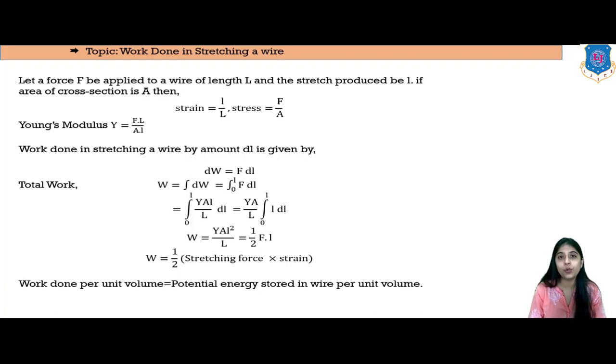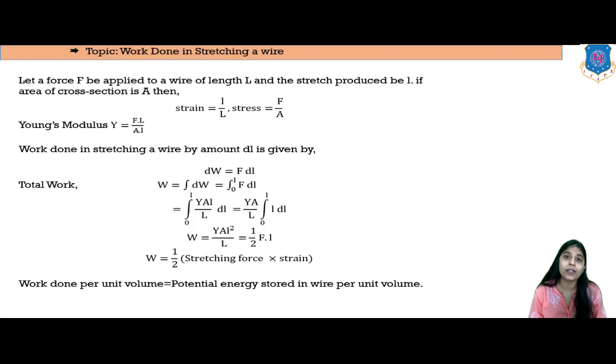It is F into L upon A into l. If we make force the subject from this expression, then we'll get F equals YAl upon L. Substituting this expression of force into the integration, we get the integral of YAl upon L dl.